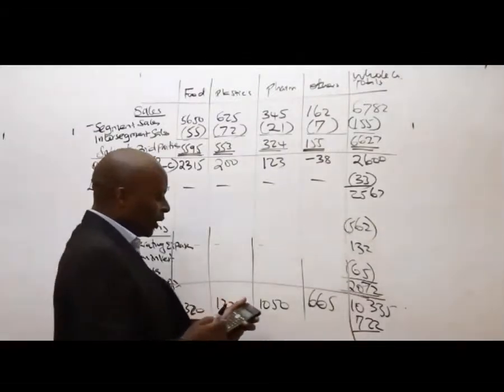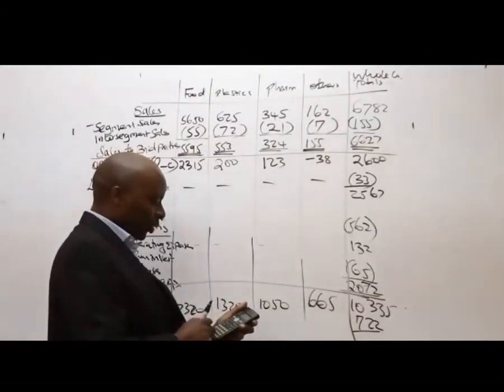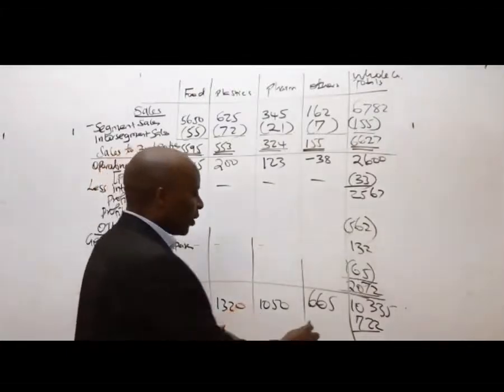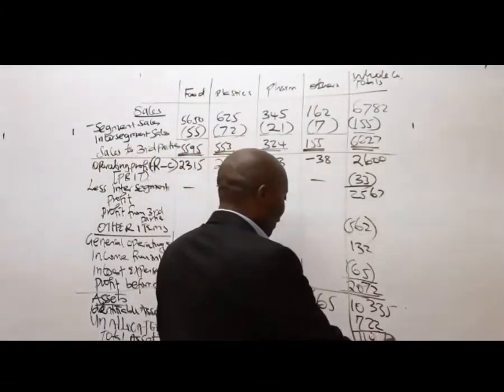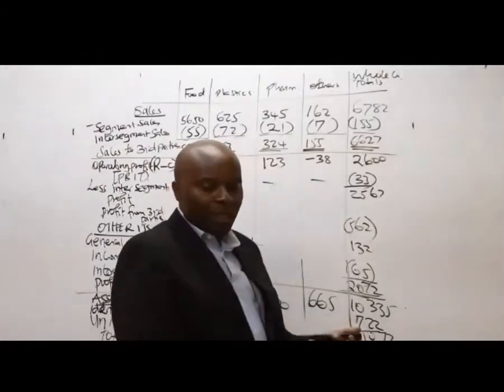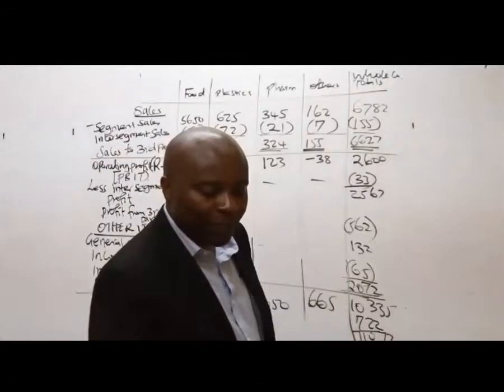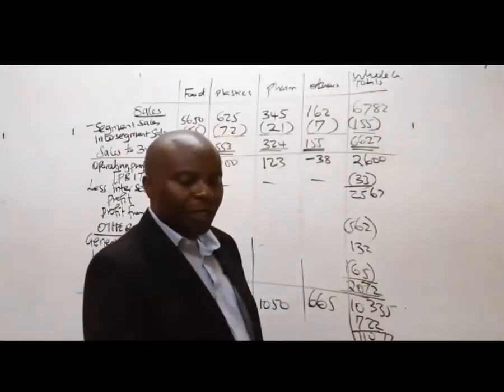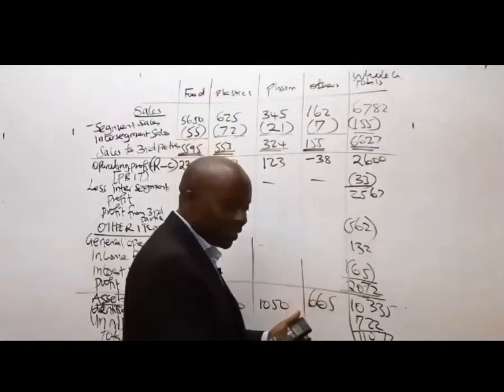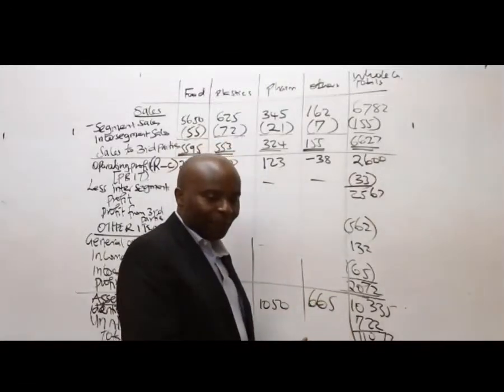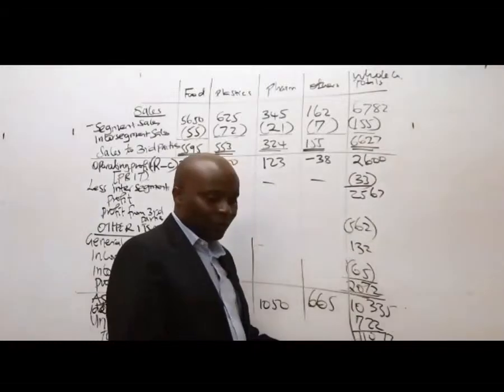So total assets here will be 10,335 plus 722, which will give us 11,077. Now, ladies and gentlemen, remember these particular segments, 11,077. I hope you are able to write it well, 11,077.